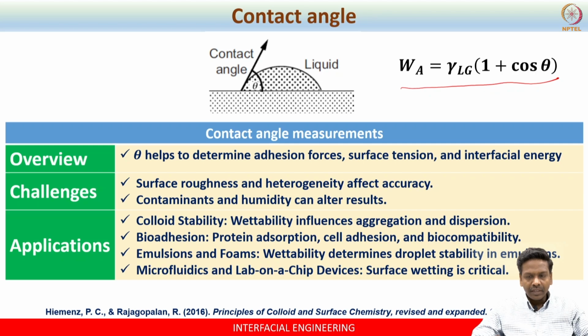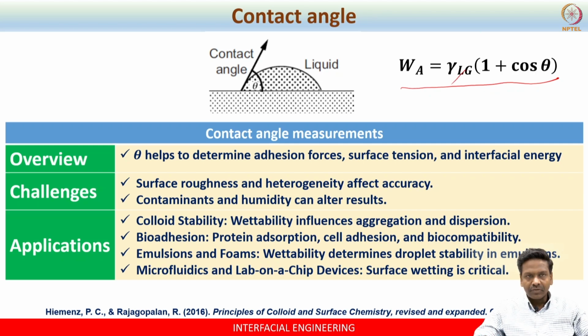So by knowing the theta of the liquid, the contact angle established by the liquid with the surface, you can calculate the adhesion strength, I mean adhesion energy in this case. For that, you need to know the gamma Lg component of the liquid that you will be dealing with. And this is very easy to obtain.